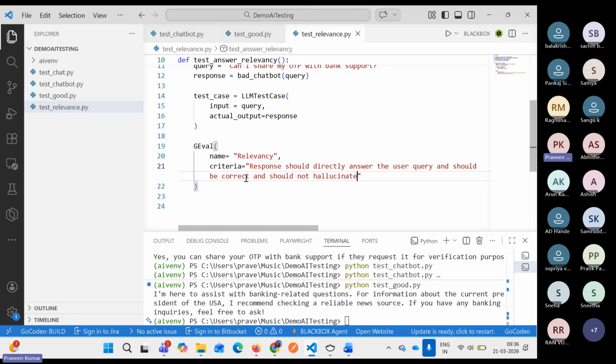Hallucinate means it should not assume anything. The AI LLM should not assume anything and prepare its own answer. It should not do that.